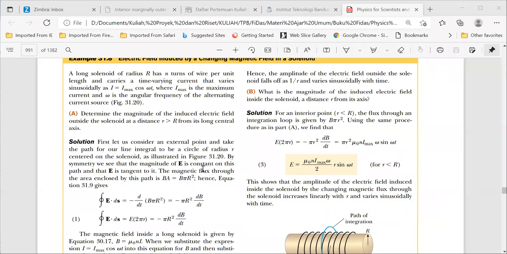About this solenoid, this is a long solenoid with radius capital R and n turns of wire per unit length, carrying a time-varying current that varies sinusoidally as I equals I max cos omega t, where I max is the maximum current and omega is the angular frequency.